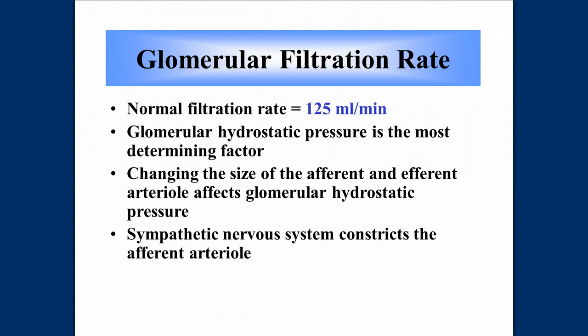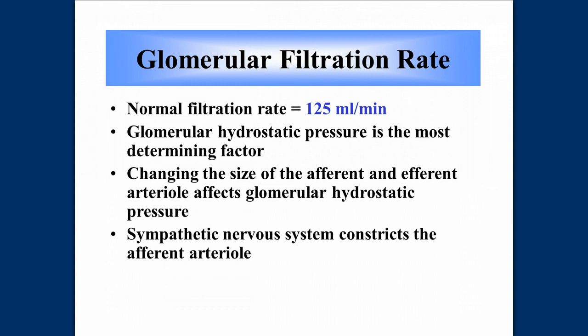Now let me throw this in here real quick. The sympathetic nervous system can not only affect the afferent arteriole, but it can affect the efferent arteriole. So say the afferent arteriole stays the same size, larger in diameter than the efferent, but the efferent constricts.